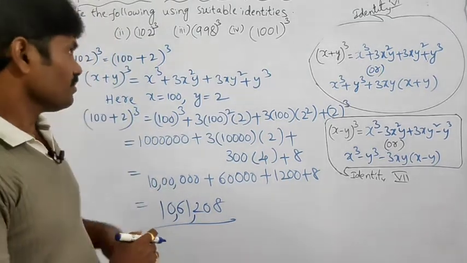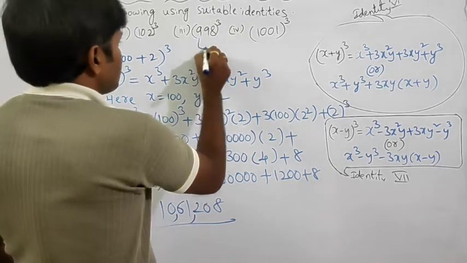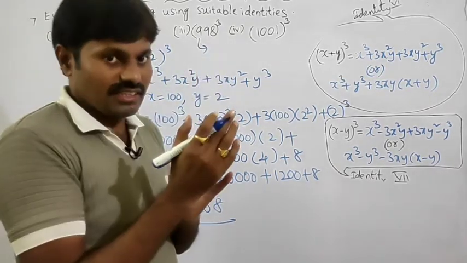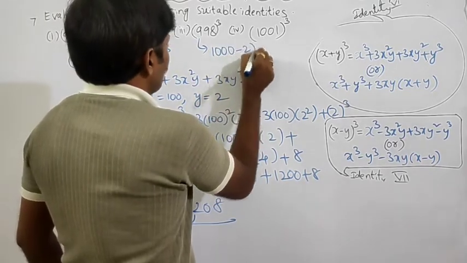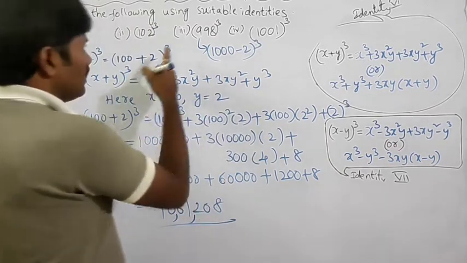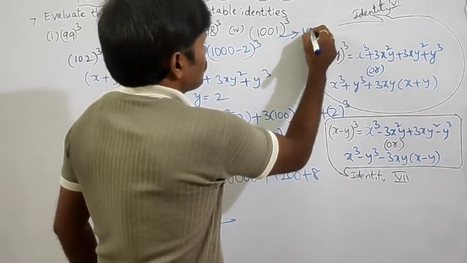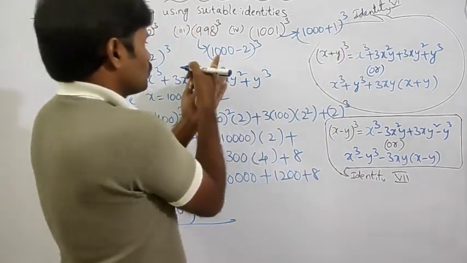Okay. Now 998 whole cube. How can we write it? It is very near to 1000, so I can write it as 1000 minus 2 whole cube. Now 1001 can be written as 1000 plus 1 whole cube. Am I correct? Now what is the suitable identity?